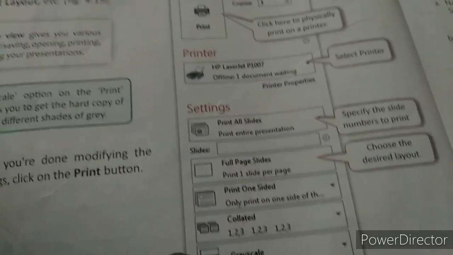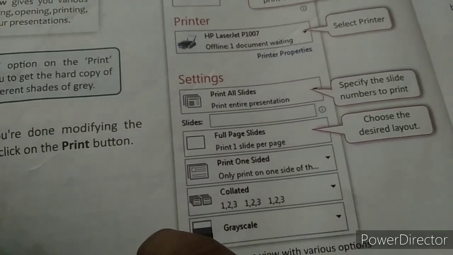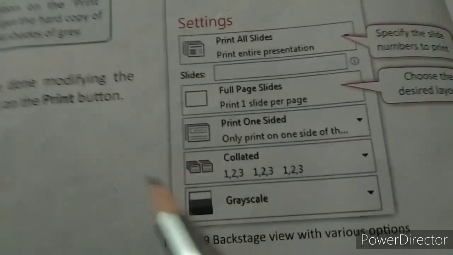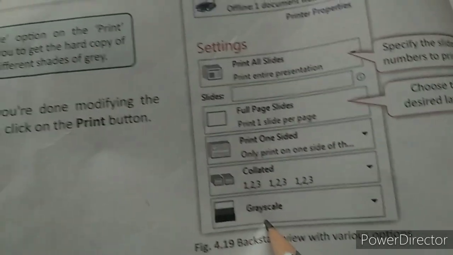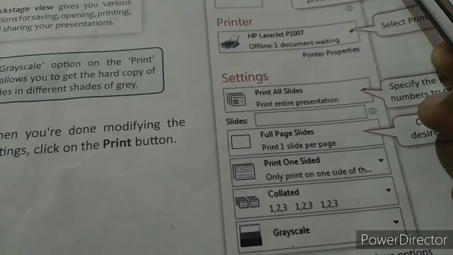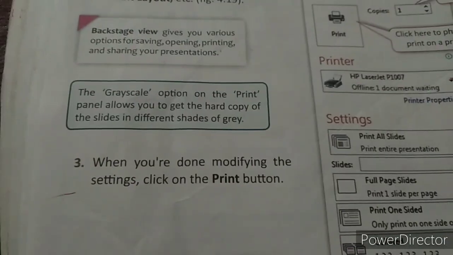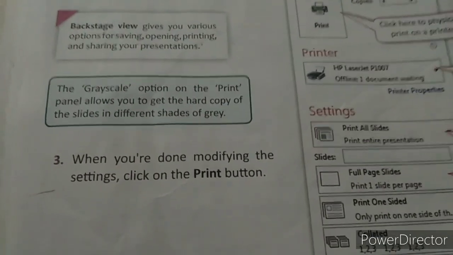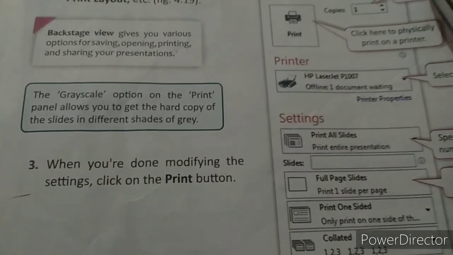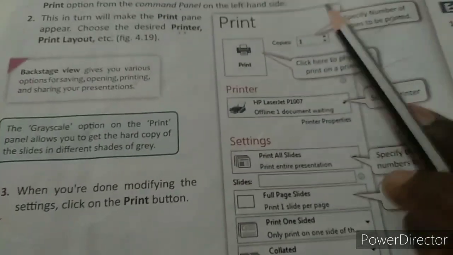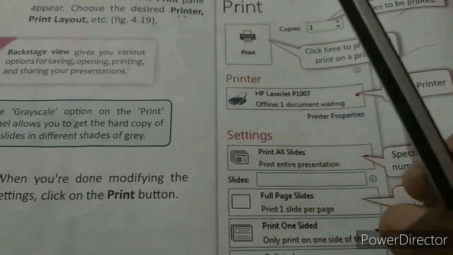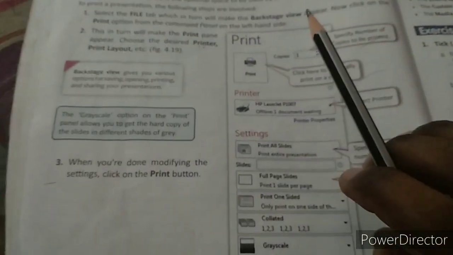Here, this option is here, gray scale. It means when we select this option, the print layout will be in different shades of gray, right? So this is all about how we can print the slide. So now your chapter is complete.